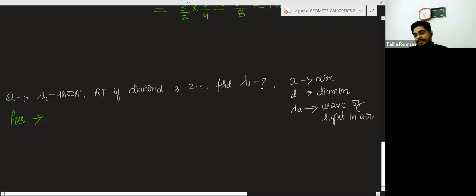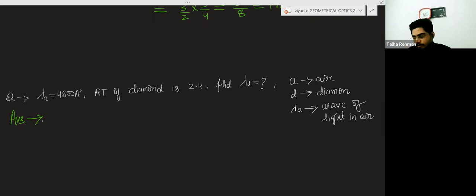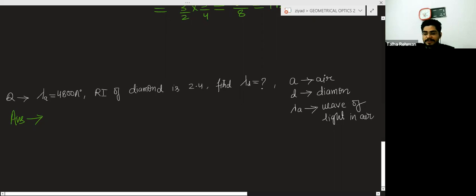They are asking to find the wavelength of light in diamond. Suppose you are passing light from air into diamond. In air we have this much wavelength. What will be the wavelength in diamond? Diamond refractive index is given.